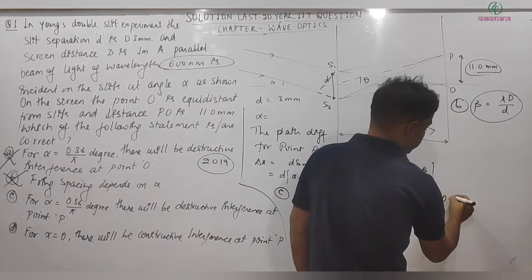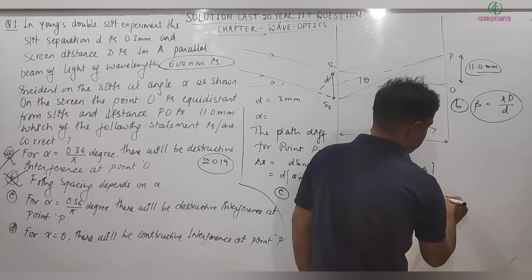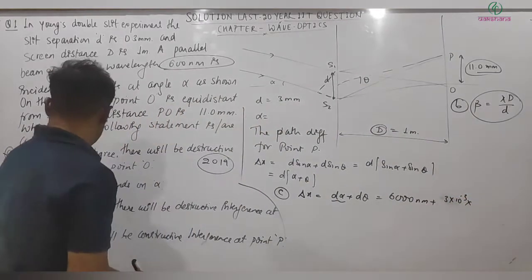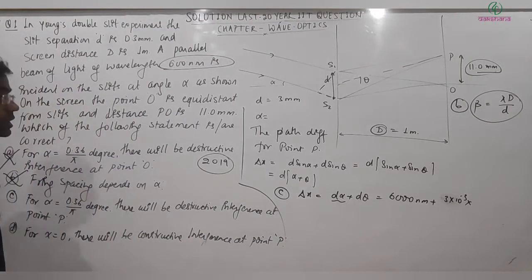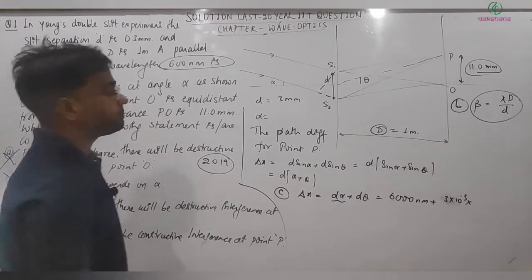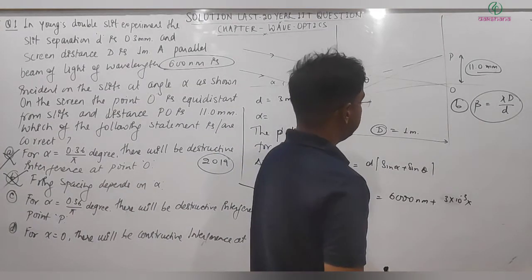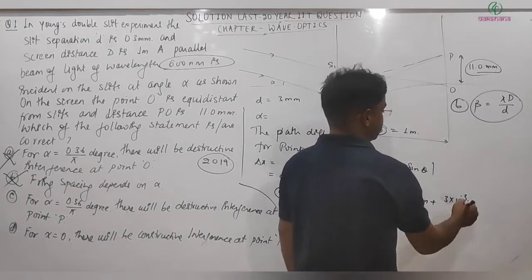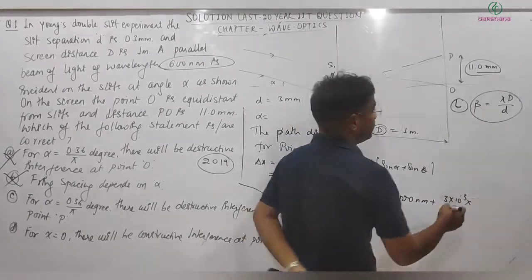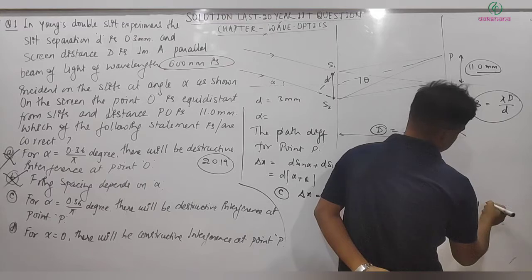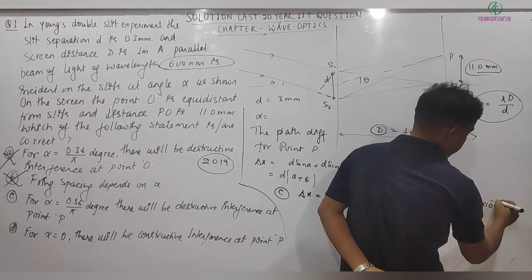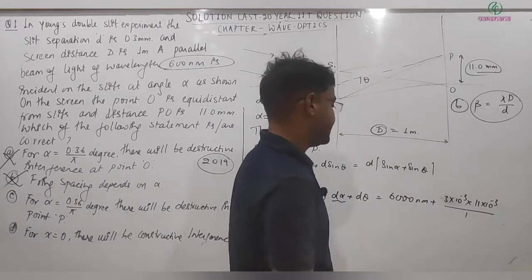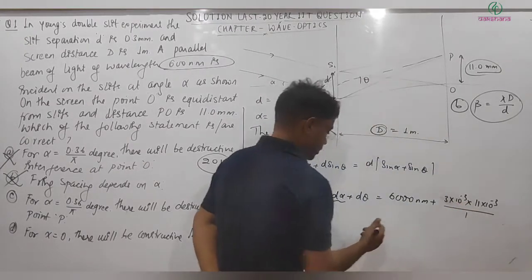So d is 3 mm, 3 multiplied by 10 to the power minus 3 into theta. Theta is how much? d sine theta. Alright, so for this case sine theta can be written as equal to tan theta, and tan theta will be equal to 11 into 10 raised to power minus 3 divided by capital D, right?